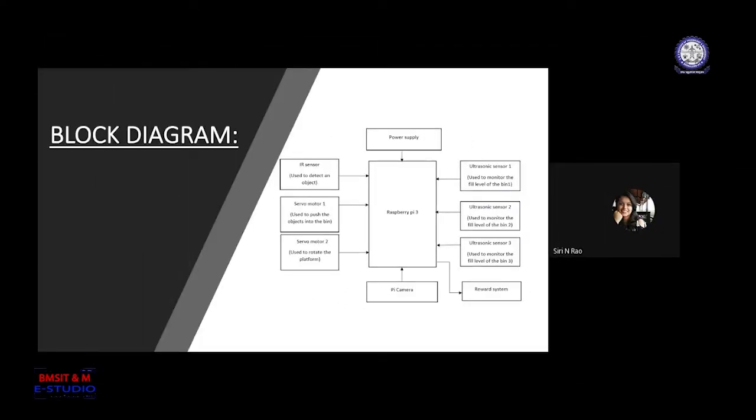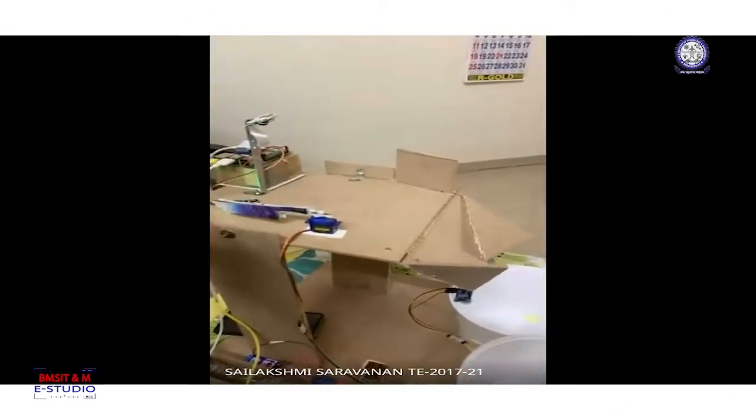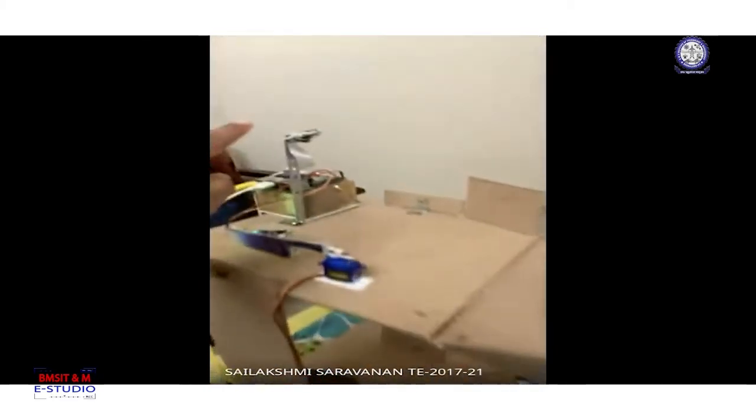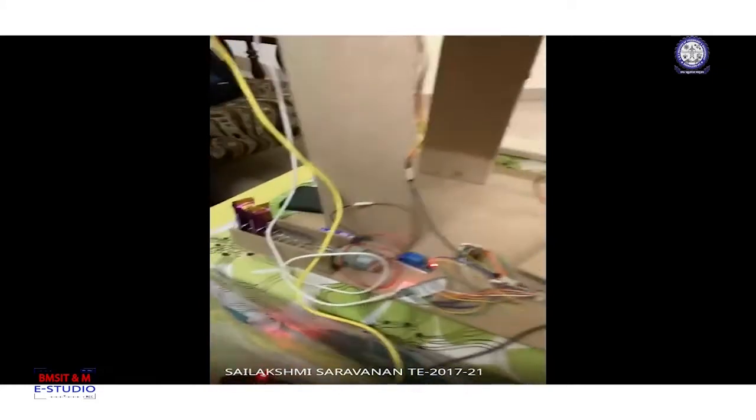Coming to the block diagram, as visible on the screen, the Raspberry Pi is the main model, and it is connected with the IR sensor, servo motors and ultrasonic sensors. The main objective is the reward system, where for every disposal of waste, the user gets a reward. This is the platform, and we have a sweep system. This is a Pi camera, a Raspberry Pi, and our 3 compartments and a reward.